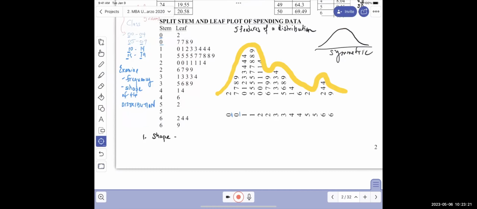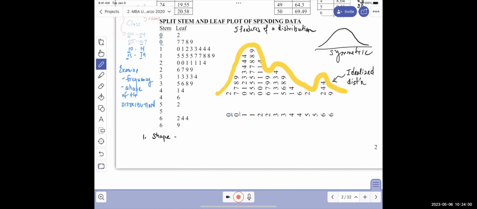Okay. So is this distribution I've drawn with the yellow here symmetric? No, it's not symmetric, right? Let me just make a point about the yellow here. I call this the idealized distribution.